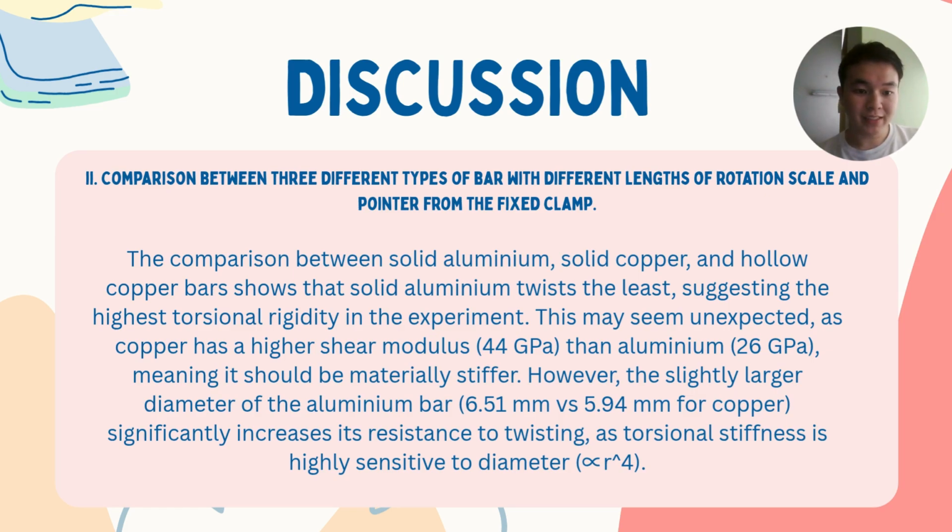However, the slightly larger diameter of the aluminum bar, 6.51 millimeter versus 5.94 millimeter for copper, significantly increases its resistance to twisting, as torsional stiffness is highly sensitive to diameter, which is directly proportional to the radius to the power 4. So this might be one of the reasons that affected the theoretical result.